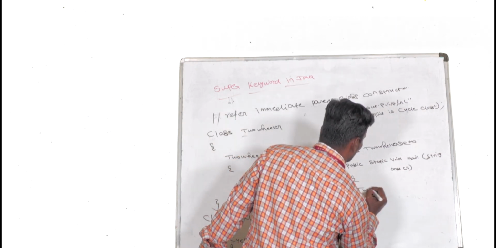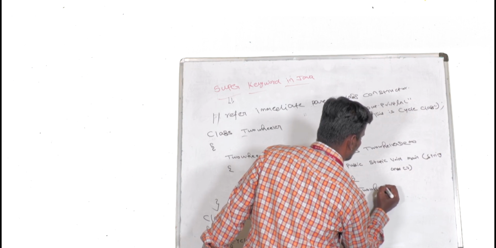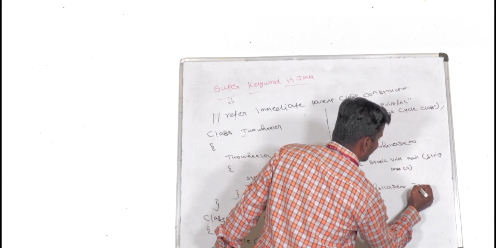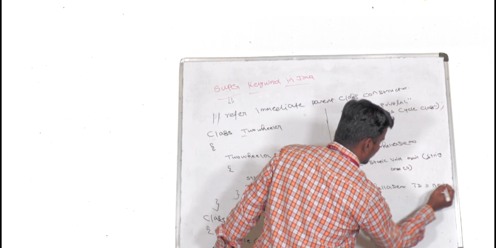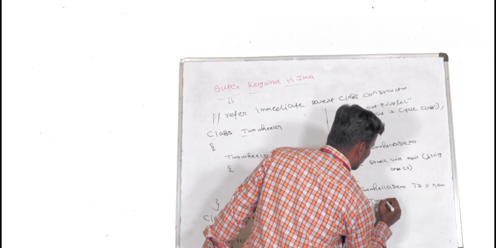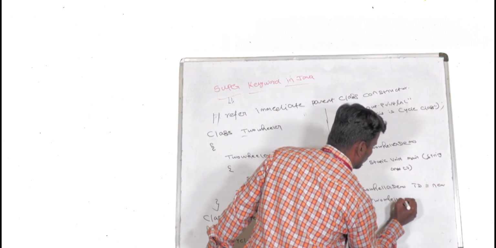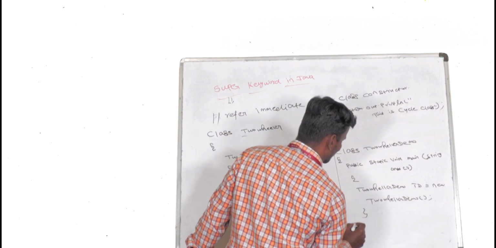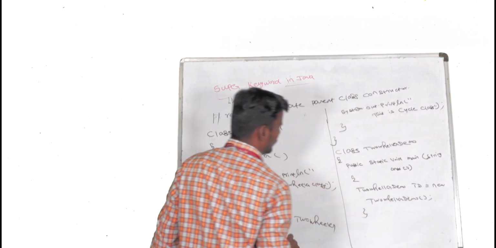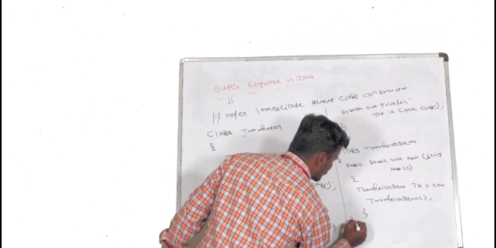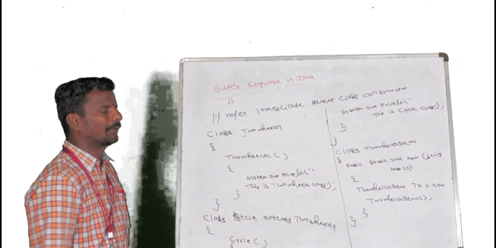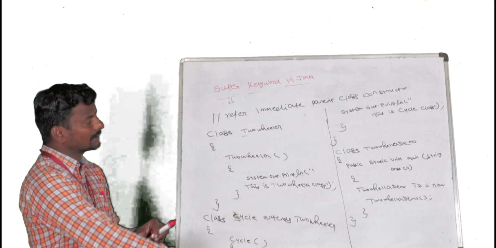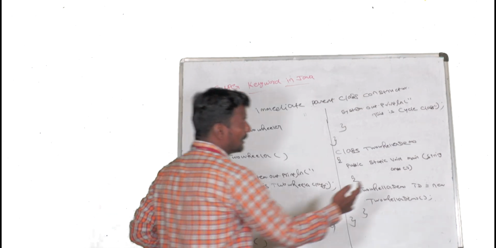TwoWheelerDemo td is equal to new TwoWheelerDemo, and then close the main method and close the class. Now we have to execute this program. Execution will start from the main method.